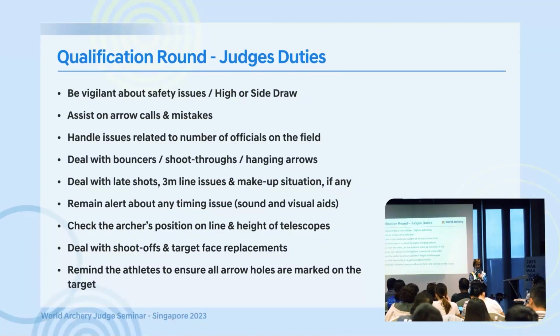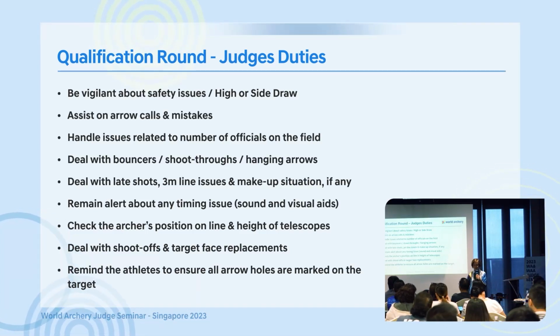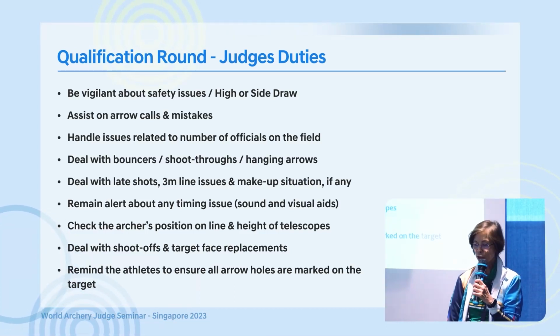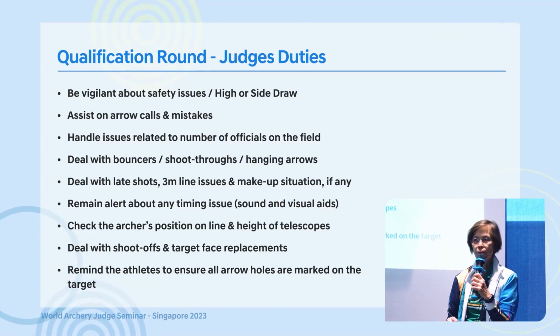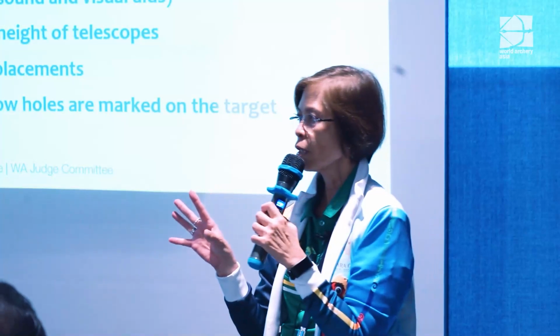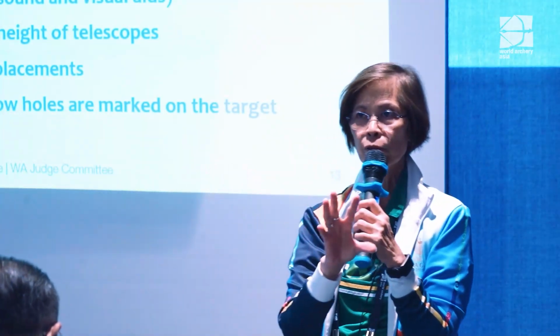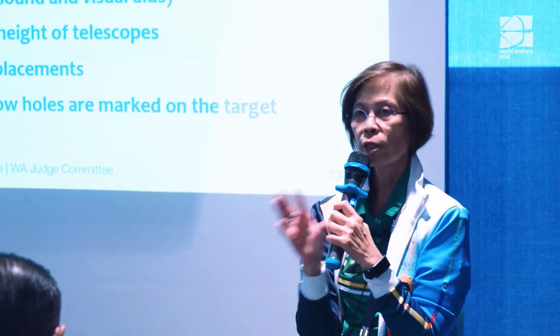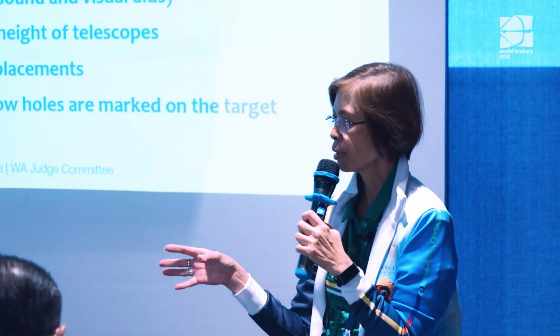So again, that means remain alert about any timing issue. Now check the archer's position on the line and the height of the telescopes. As mentioned, before the start of the competition, you are given assignments by your chairman or your deputy, right? What targets to handle. And you are given a start list.